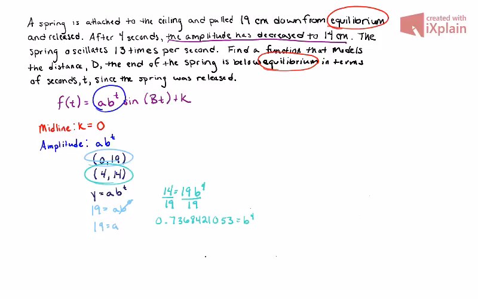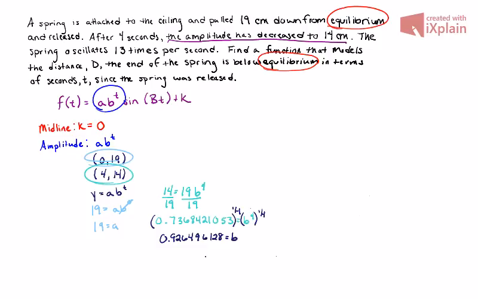If you recall, we can raise both sides to a 1/4 power, or take the fourth root, depending on how you want to view that. If we do that, that fraction raised to the 1/4 power, we're going to get 0.926496128. So we found b.